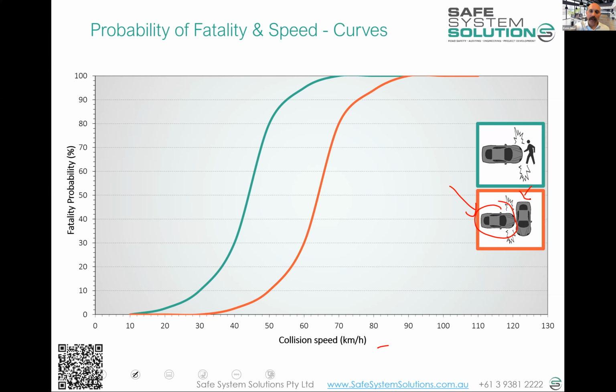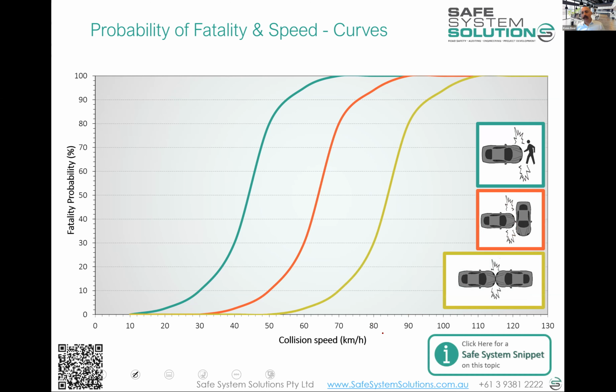And so this will be target vehicle fatality probability, driver's side there, struck passenger side on the other side. And we see a similar curve, except this time before 30, 40, 50, highly survivable, and up at your 80, 90, 100, highly likely to be killed.